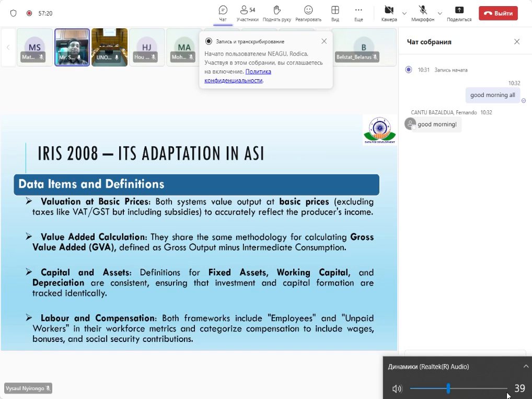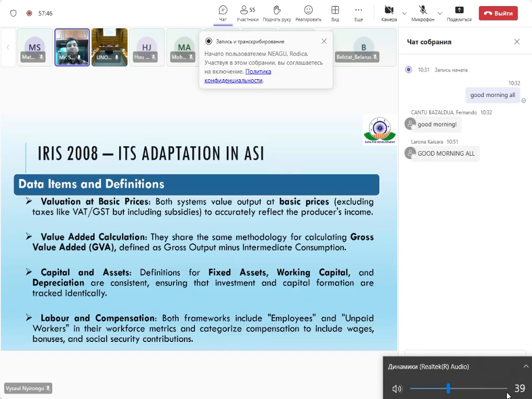Data items and definitions. In this segment, we have taken all those aspects mentioned in IRIS. First is valuation at basic prices, because both systems value output at basic prices, excluding taxes like VAT and GST, but including subsidies, to accurately reflect the producer's income. We are also doing this.